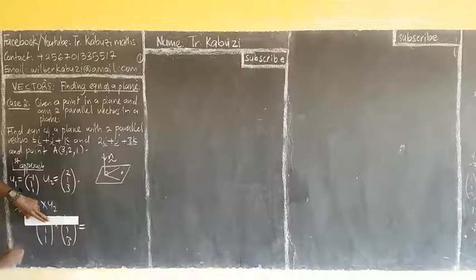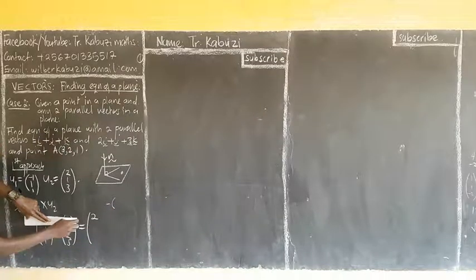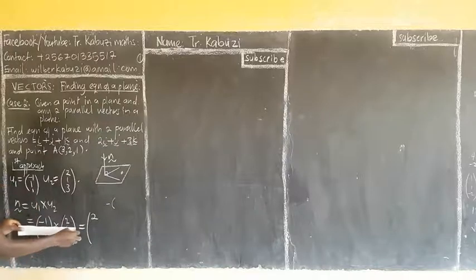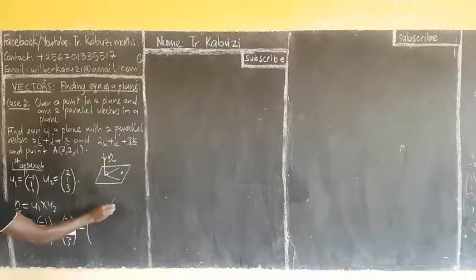This times this is 3, minus 1 times 1, that will give you a 2. Then we say if you start with a negative, then you cover the second row like this. So what we are remaining with is negative 1 times 3, you get negative 3.